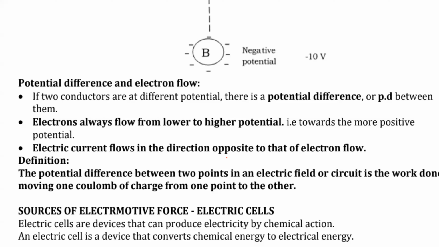And electrons or charges will always flow from where we have a lower potential to where we have a higher potential, or towards a more positive potential.